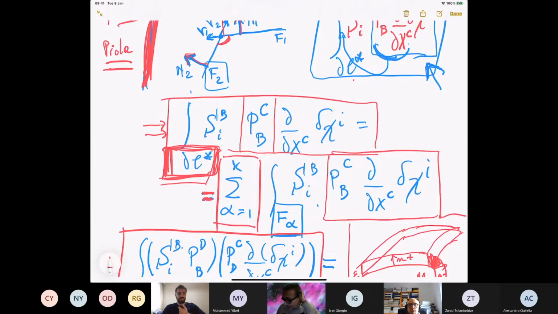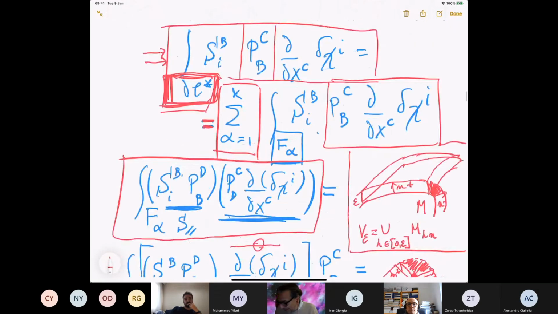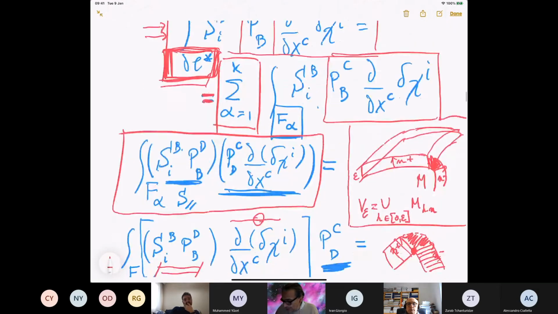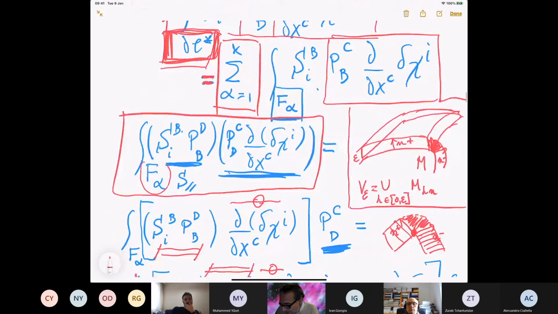This surface integral can be split, let us say must be split, into integrals on each face in order to apply the divergence theorem on a surface. So we can apply the divergence theorem only for each of these faces here, F alpha.